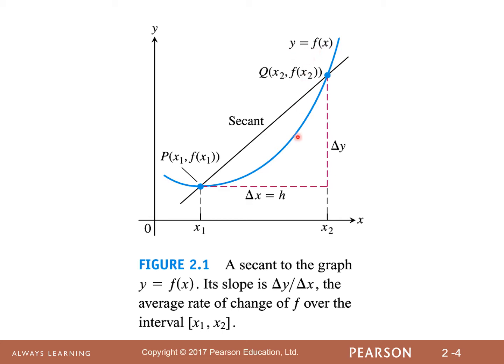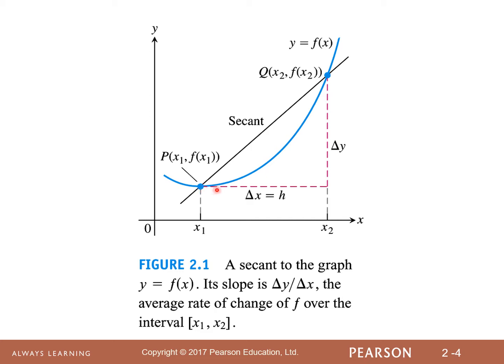So what we have over here is a secant to the graph y equal to f of x, okay? This is a secant, right? Its slope is delta y divided by delta x. The slope of this secant is delta y, which is the difference in y, divided by delta x, which is the difference in x, right? We went through this. Anybody not following, let me know. Otherwise, we'll continue.